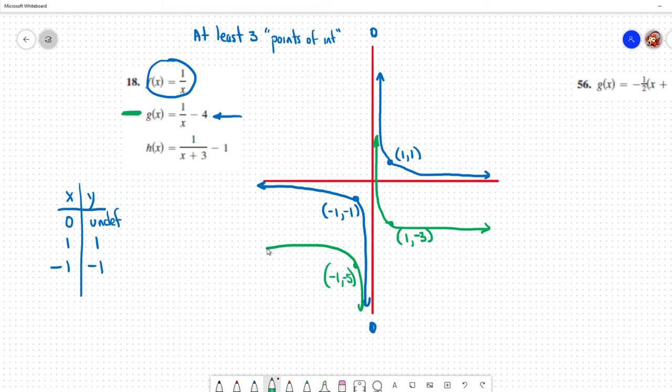Now, there's actually another part to the graph. We know that this was getting close to the x-axis, and the same thing. So actually, there was a fourth point of interest, and that was the x-axis, the horizontal asymptote. Guess what? That horizontal asymptote also moved down 4.